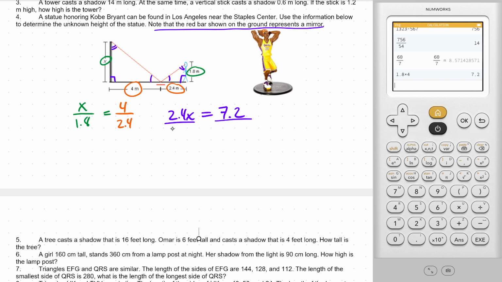Now I'll divide both sides by 2.4 in order to solve for x. So 7.2 divided by 2.4, I do actually know that that's going to be equal to 3. So x is equal to 3 meters. And that is our answer for the height of the statue. So 3 meters.